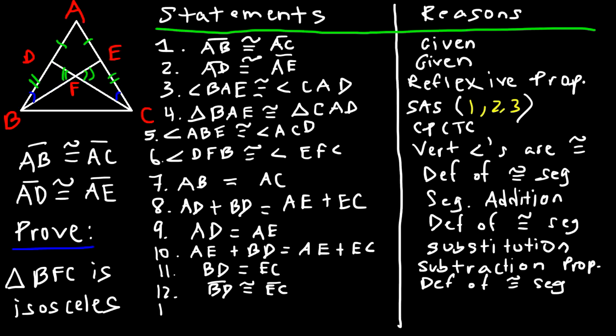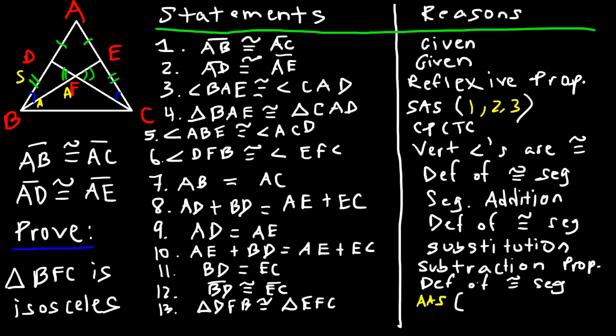So in step 13, we're going to say that triangle DFB is congruent to triangle EFC. And that's based on the angle side theorem, so AAS.